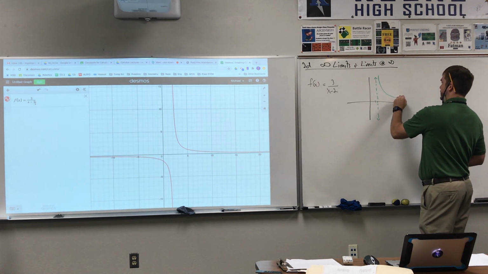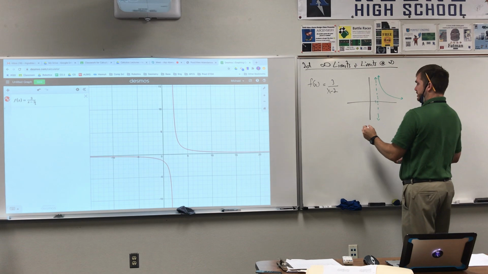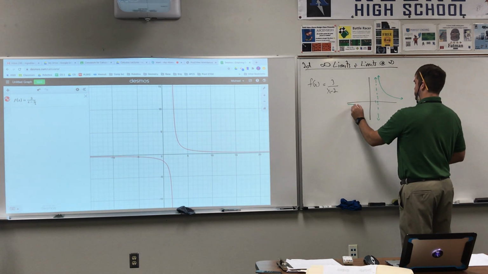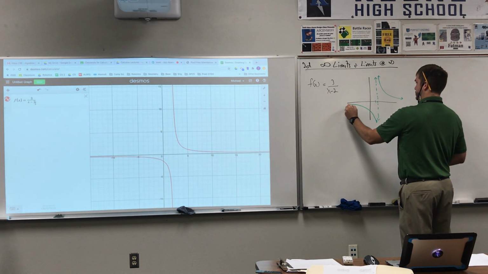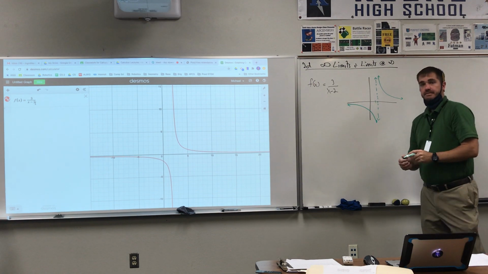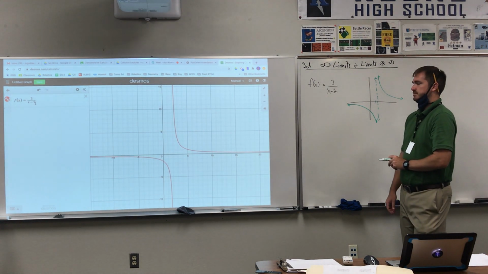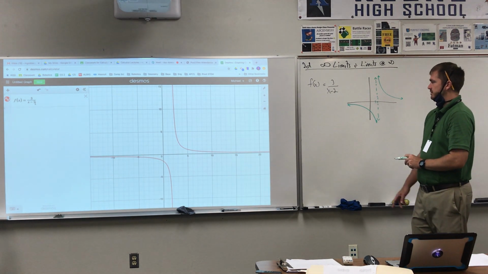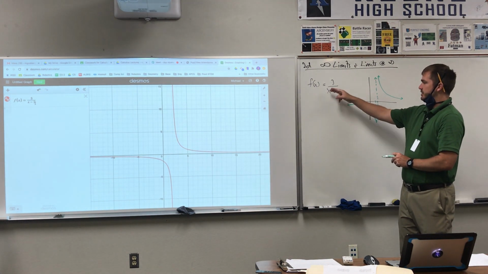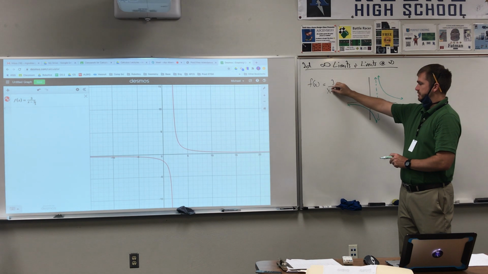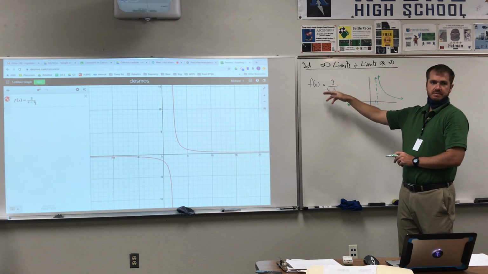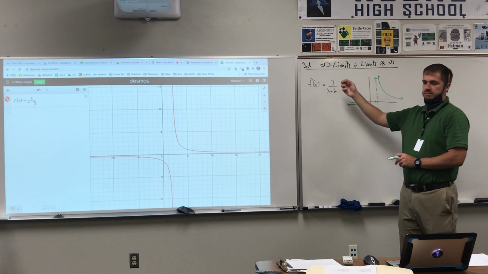Now, why do y'all think it has an asymptote there at positive 2? Because if 2 was your x and you put that in, then the denominator would be 0. Yeah, if you plugged in 2, you'd have 3 over 2 minus 2. 2 minus 2 is 0, so that's undefined.